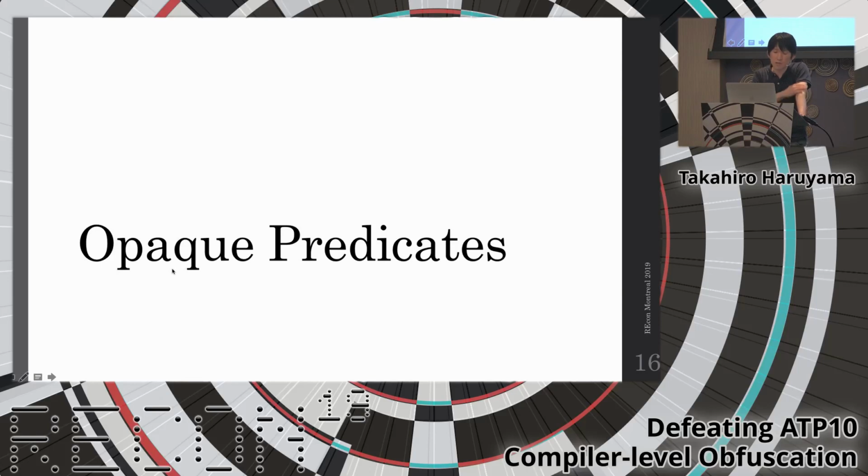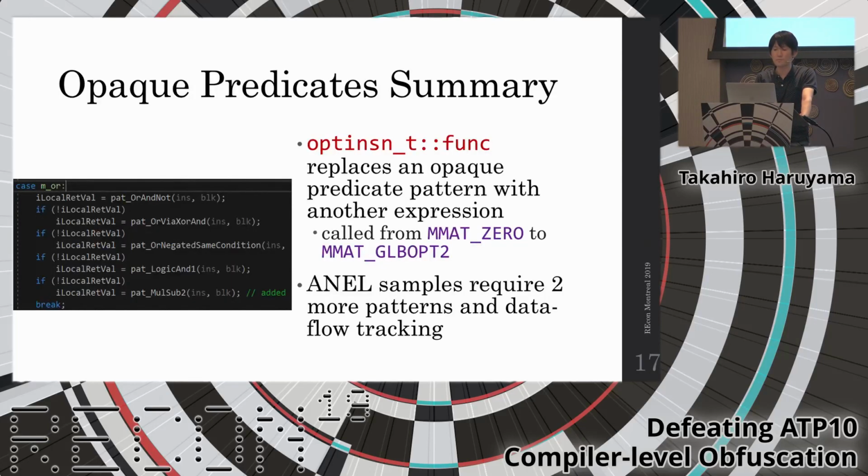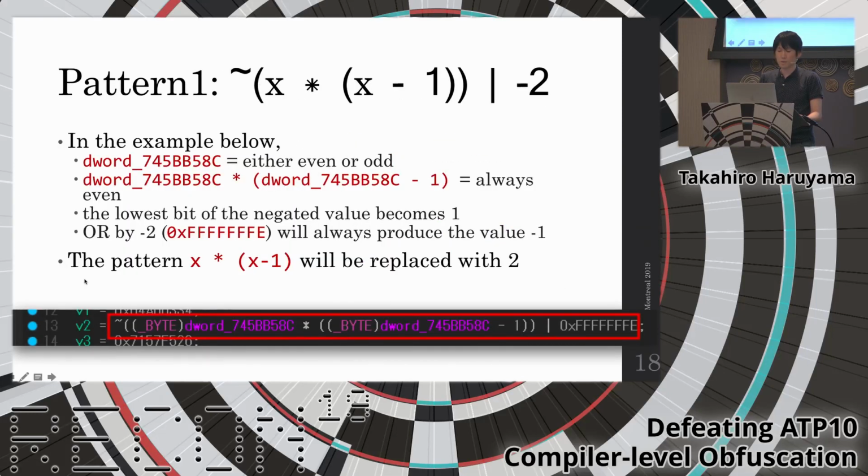Now I explain the modifications. First, opaque predicates. In the original implementation, the opt_insn_t callback function replaces an opaque predicate pattern with another expression. ANEL samples require 2 more patterns and a data flow tracking function. The first pattern is like this.